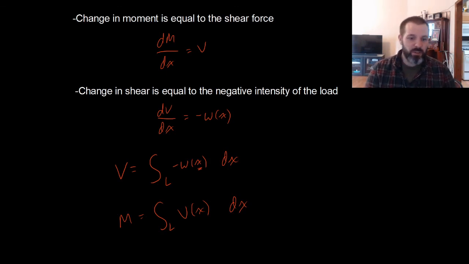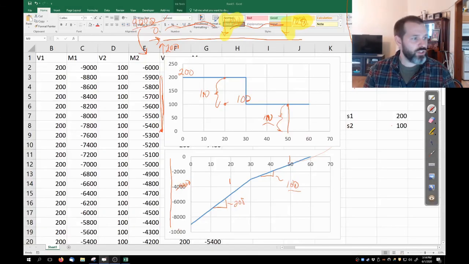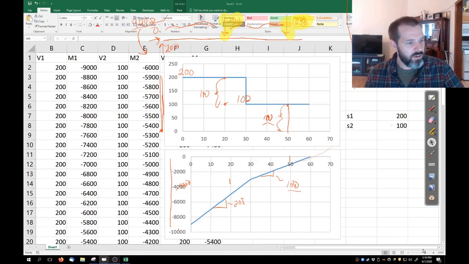So this relationship holds and allows us to easily construct shear and moment diagrams. What we did in Excel is numerically construct a shear and moment diagram. We did 65 calculations very quickly to get our shear and moment diagrams. We can do these by understanding the function and doing our integration.